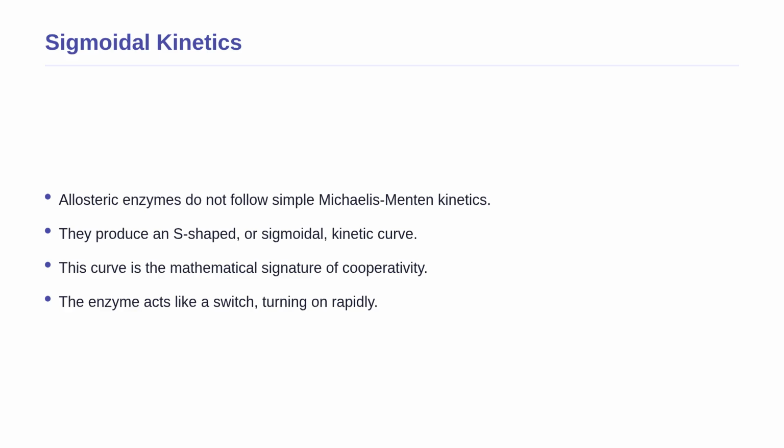Instead, when you plot their reaction velocity against substrate concentration, you get a distinct S-shaped curve known as a sigmoidal curve. This sigmoidal shape is the mathematical signature of cooperativity. It visually demonstrates that the enzyme acts like a switch, remaining relatively inactive at low concentrations, but turning on very rapidly once a certain threshold of substrate is reached.